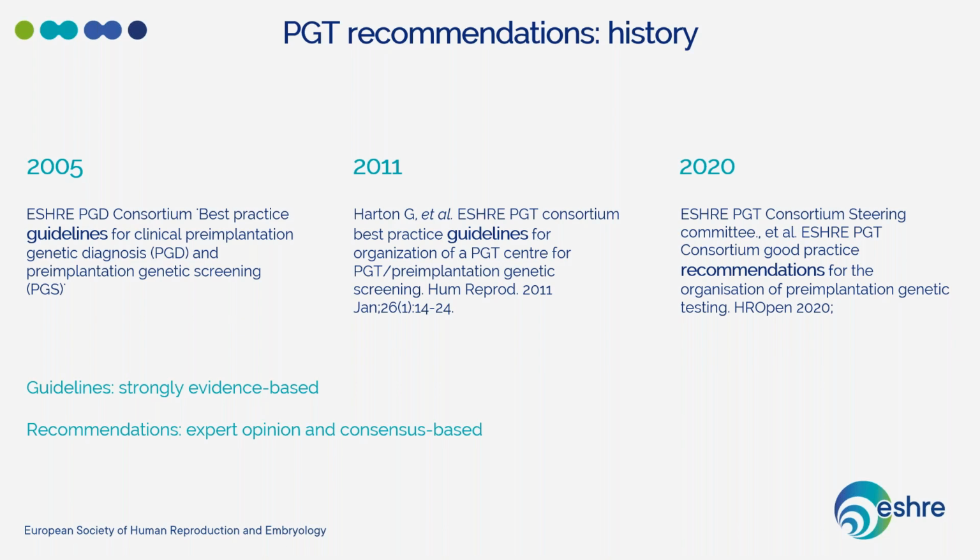Recommendations are different. They are statements based on the opinions and a consensus of a group of experts. So the 2020 papers are recommendations, meaning that there was no literature study done. And this is also why you will find just a short list of references in the papers. Only references to other guidance documents have been included.